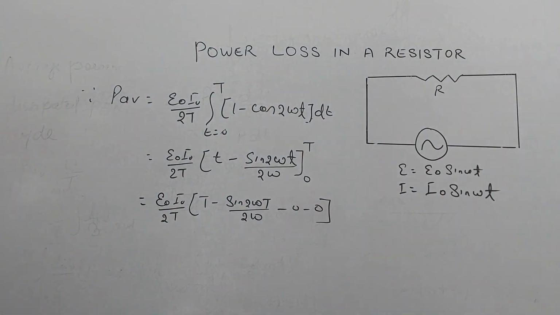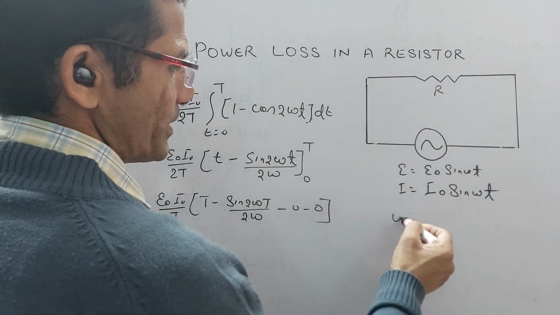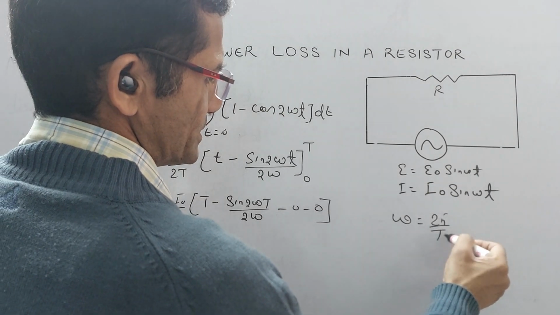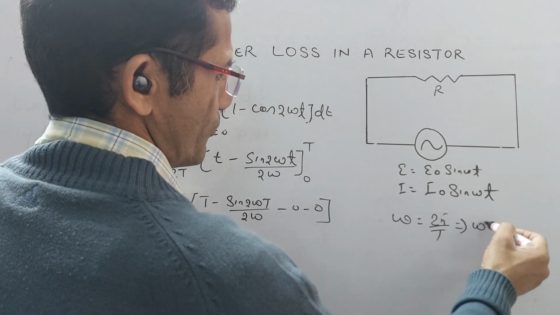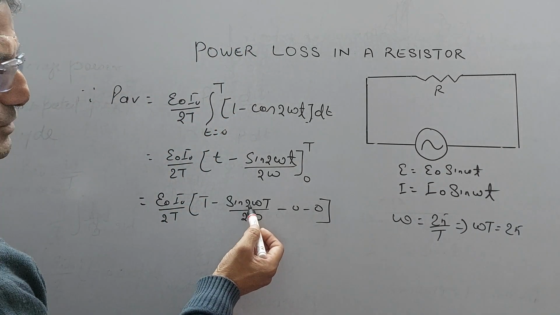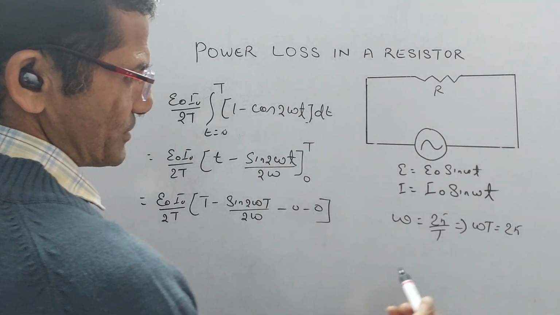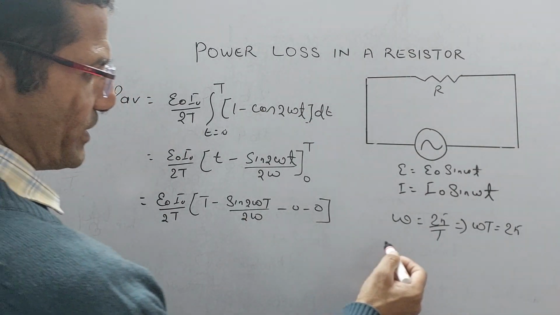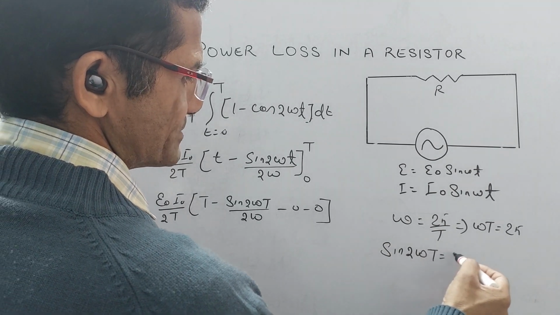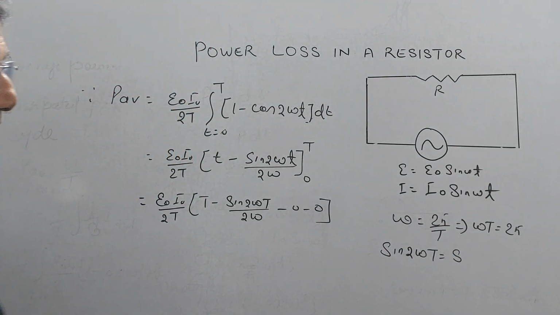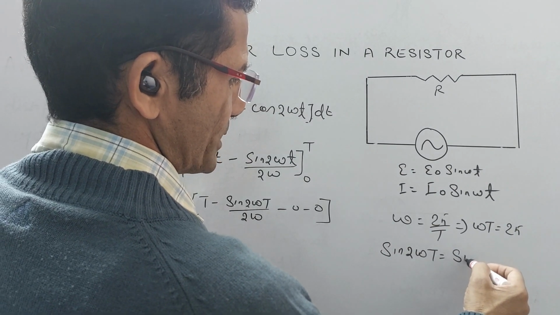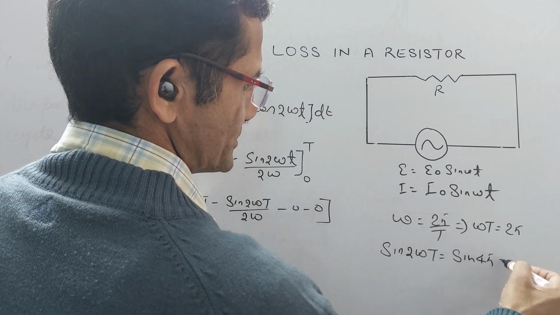Now we also know that omega is equal to 2 pi divided by T. Therefore omega T is equal to 2 pi. So in the term sin 2 omega T, if I multiply omega T by 2, it becomes 4 pi, and sin 4 pi has the value 0.